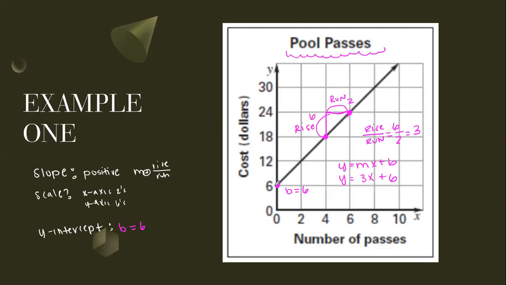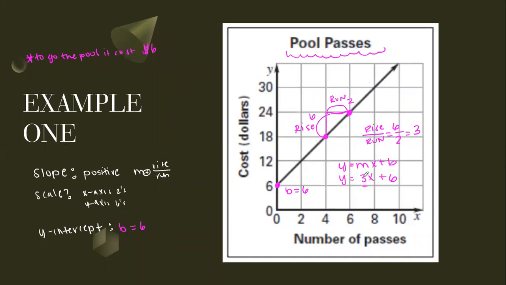So this tells me to go to the pool, it costs $6 to get in. So it costs $6 just to get into the pool. I haven't bought any passes yet. It costs $6.